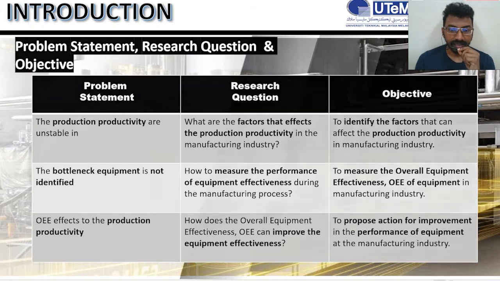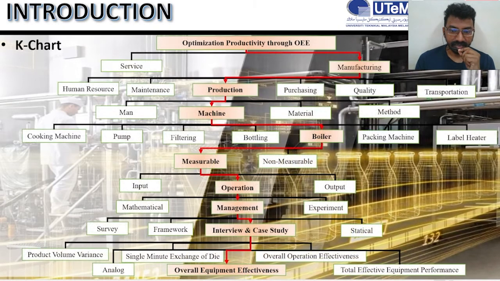Besides that, this is a chart where the process flow of the project is shown. It started with defining the project, which is to optimize productivity through OEE. Then, the type of sector will be the manufacturing sector, followed by the process, which is production.